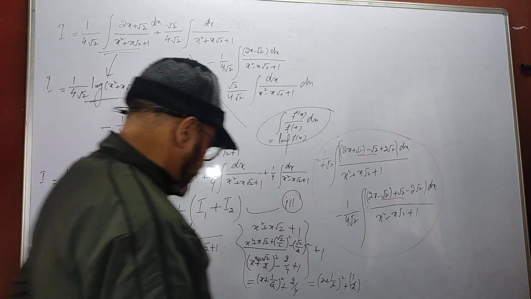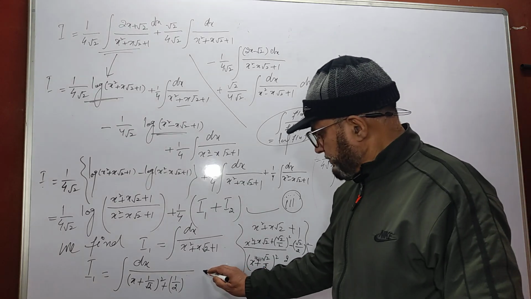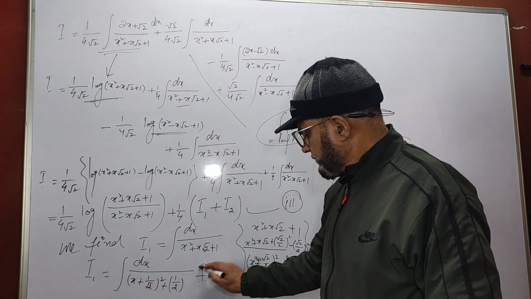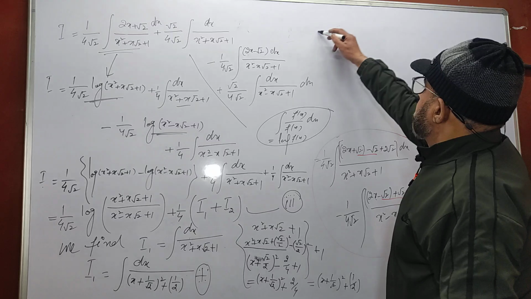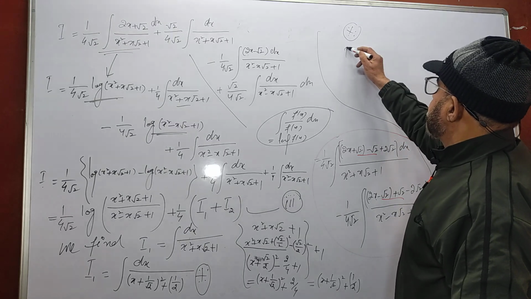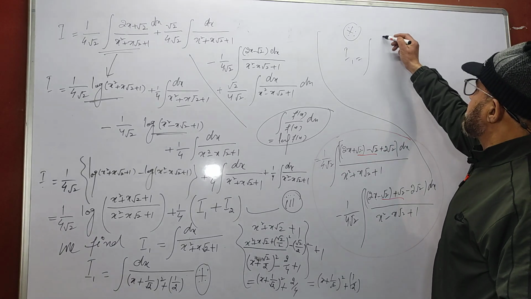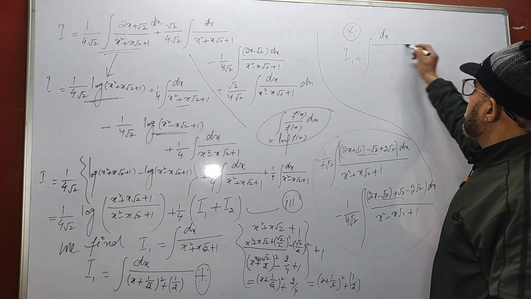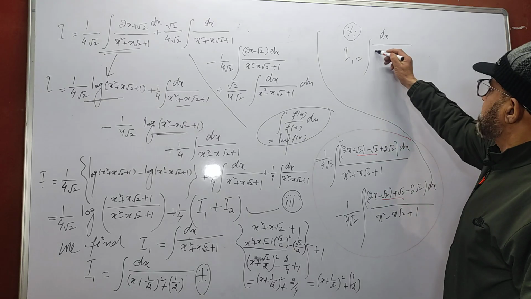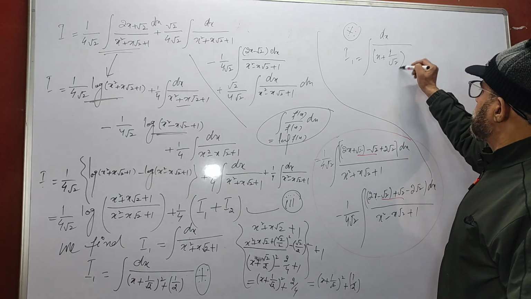How do we go now? Very interesting. I1 is equal to integral of dx upon x plus 1 by root 2 square.